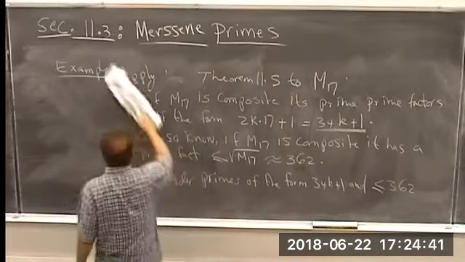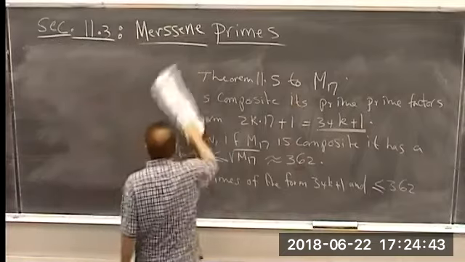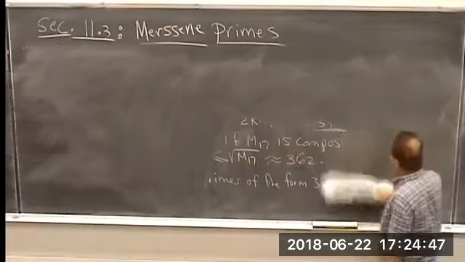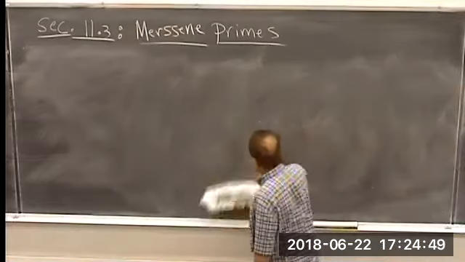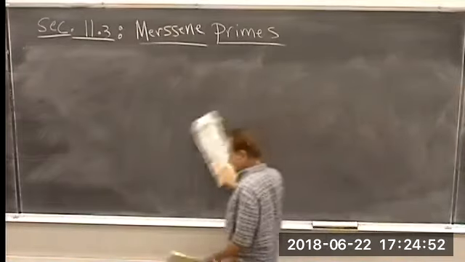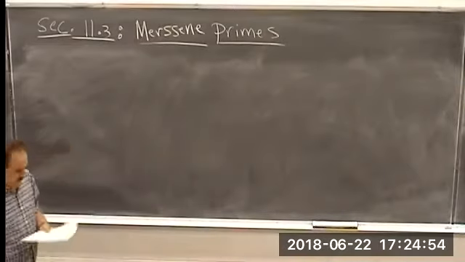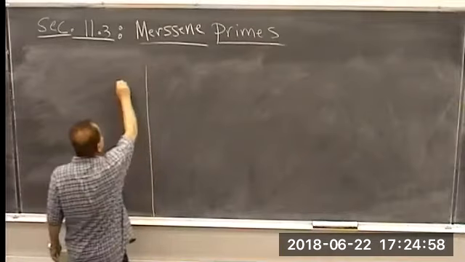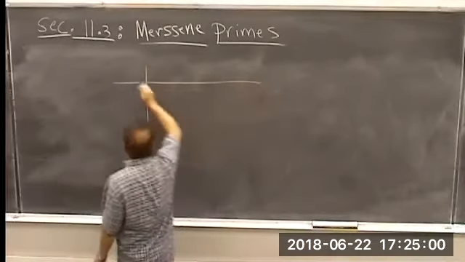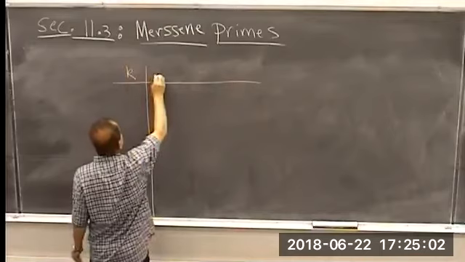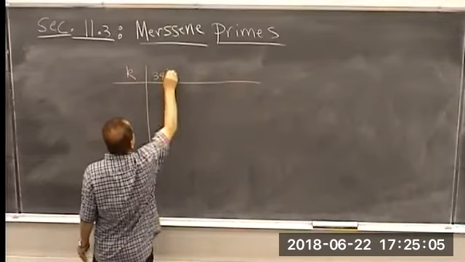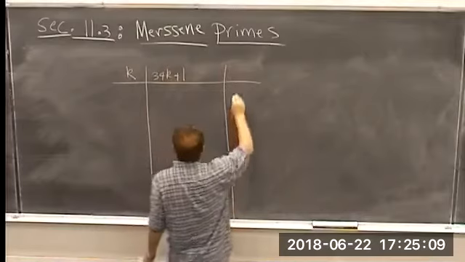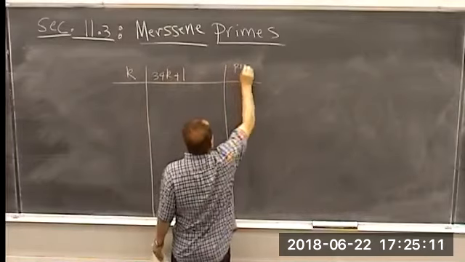And it's a matter of calculating these values. So let me put a table in here. I'm not going to fill all the table out completely. So this is K, and this is 34K plus 1. And this one is whether it is prime or composite.